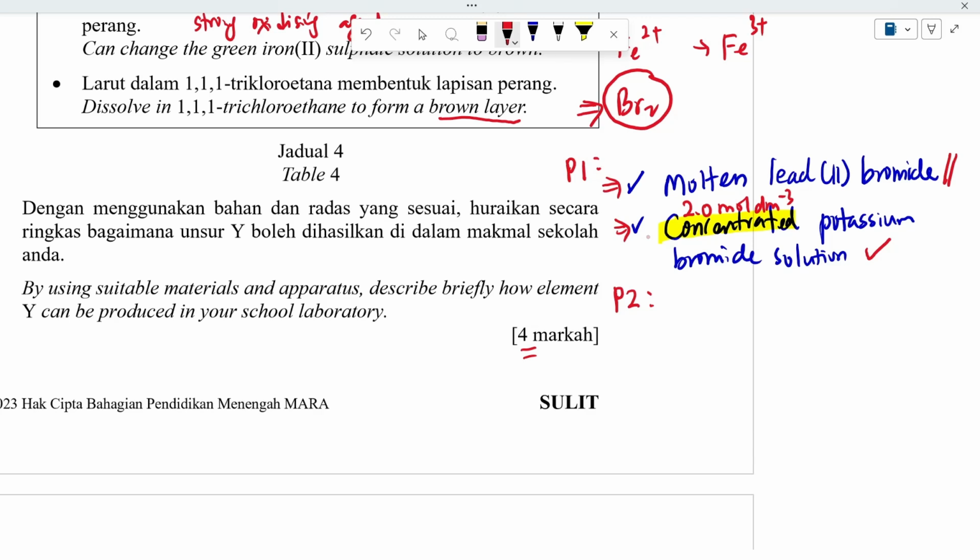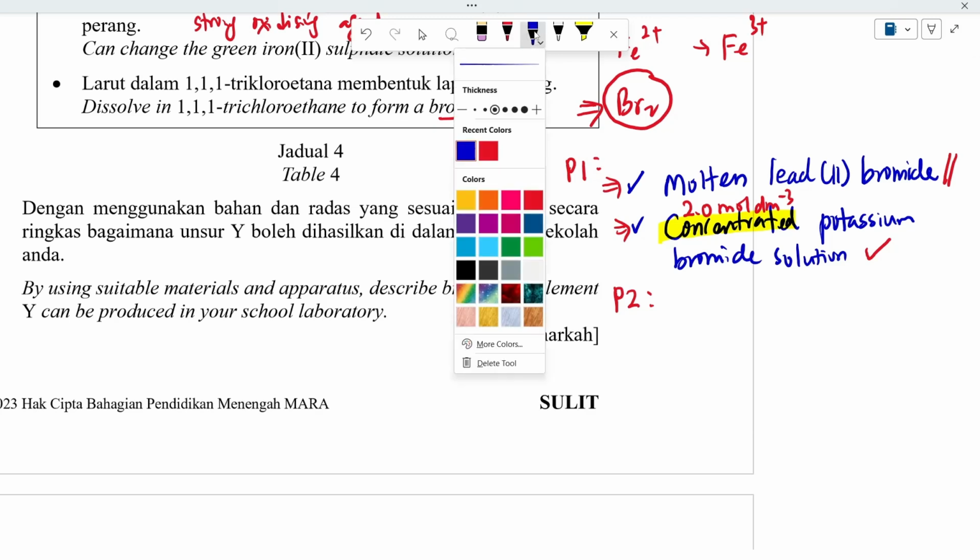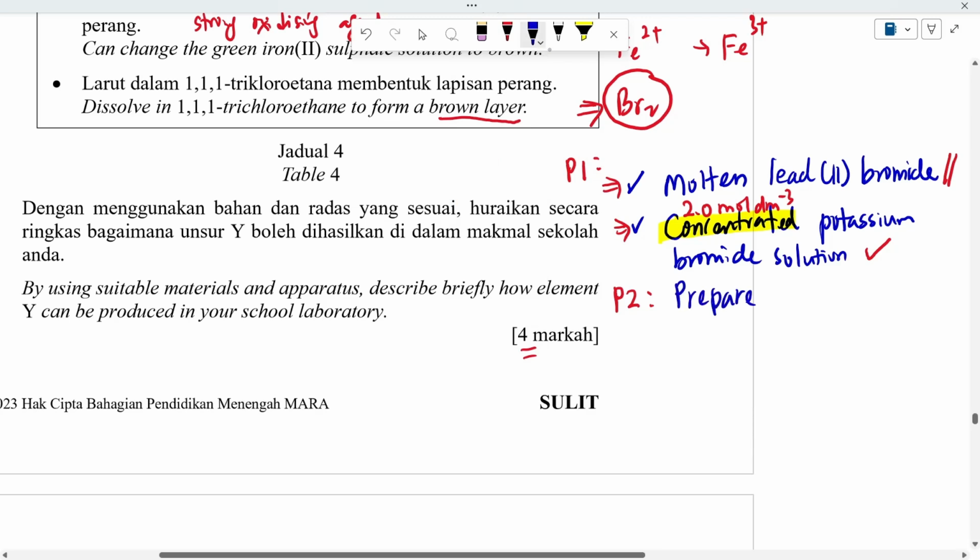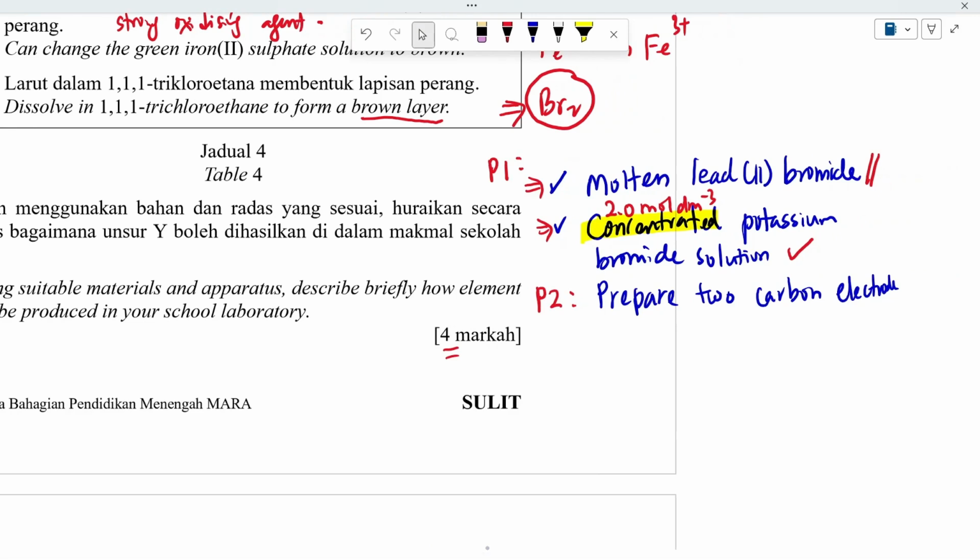Prepare a beaker and immerse two carbon electrodes, connected to a battery using connecting wires.